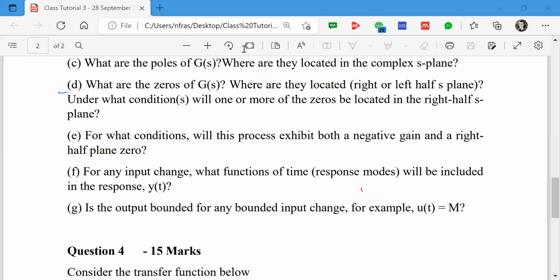Try looking up the answers and how to do the analysis from your slides, but the answer you come up with should be that if the input is M over S, the output will contain a T term that is not bounded. I hope you got that. So if your input is M over S, the output will contain a T term that is not bounded.